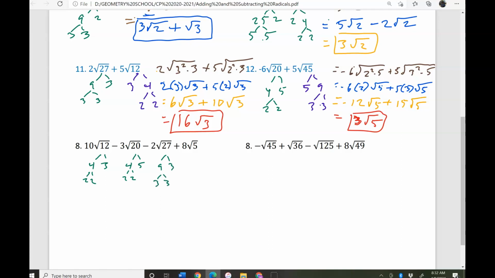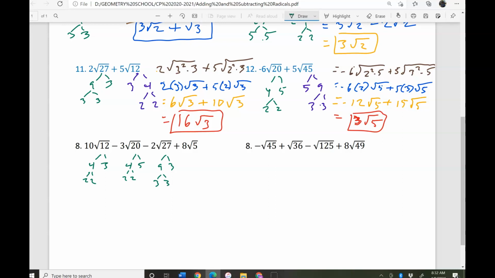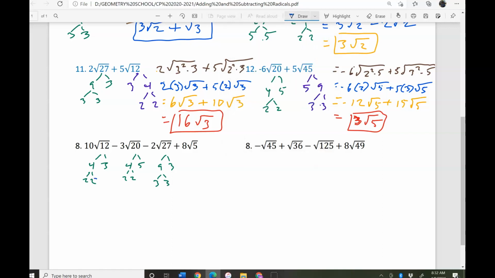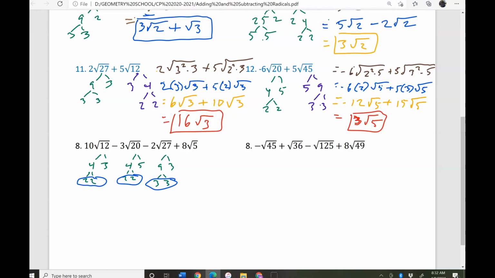And this is 5, and it can't be simplified. So that tells me I know these are square kids right here, because there's 2 of them. So these are the numbers I'm going to be able to pull out, because they're at the end of my tree.